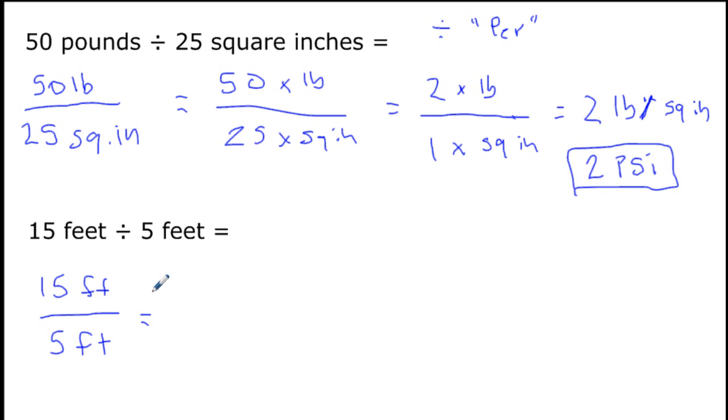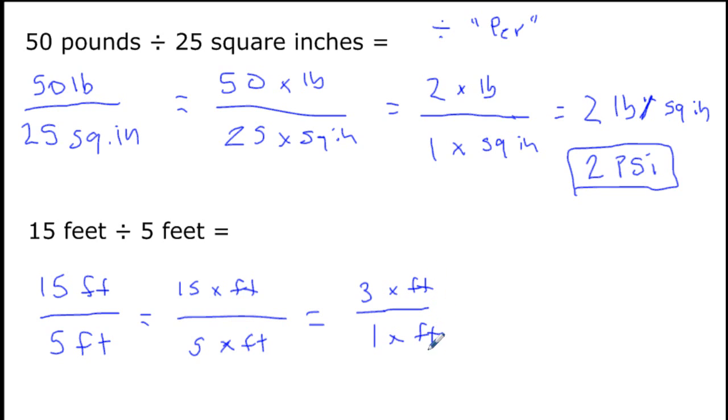Well, one way we can do this is we could say this is 15 times a foot, that's one way to do it, over 5 times a foot. 15 over 5, we could really simplify that. That's just 3 over 1. Or we can just do 15 divided by 5 is 3. Same thing. 3 over 1, and then we still have this times a foot over times a foot. And we can think about doing the division separately.